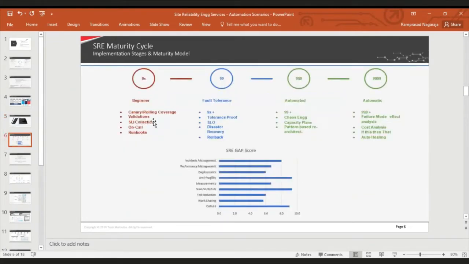This is how we approach managing the capabilities for any particular platform or organization.